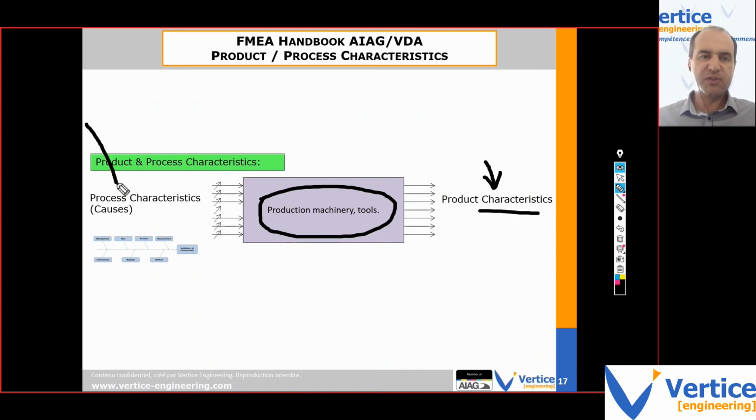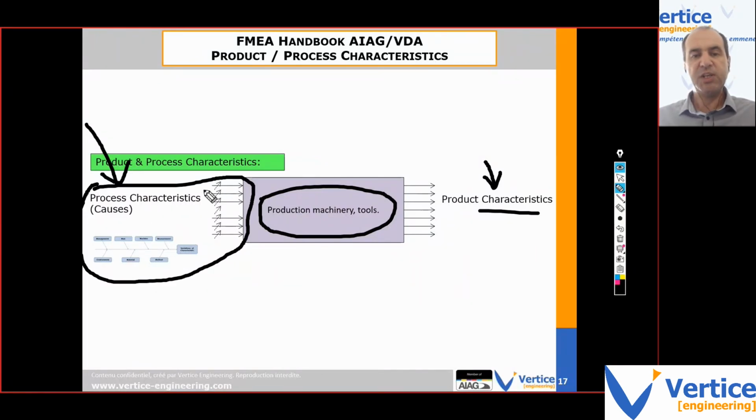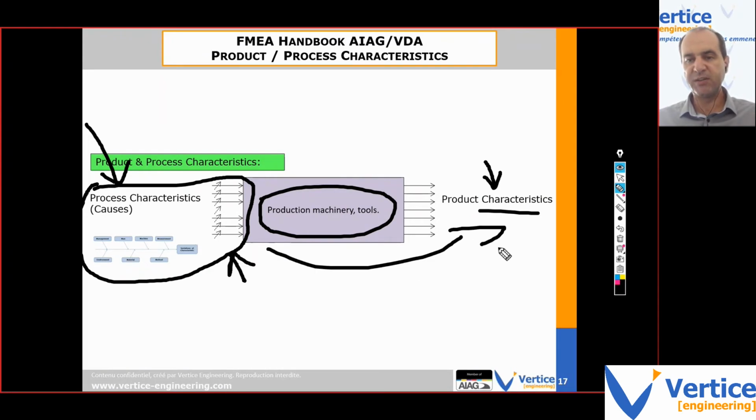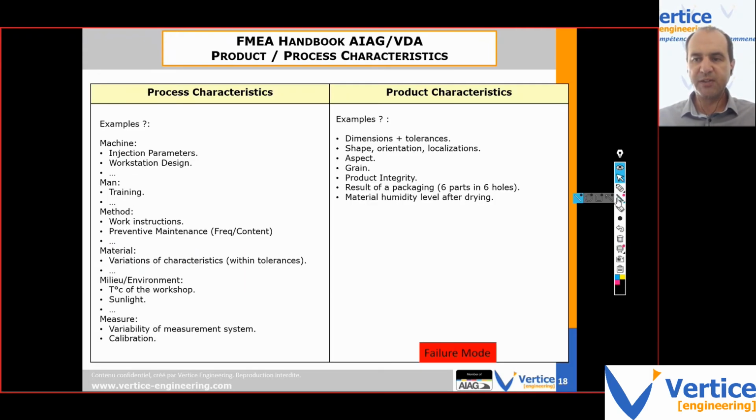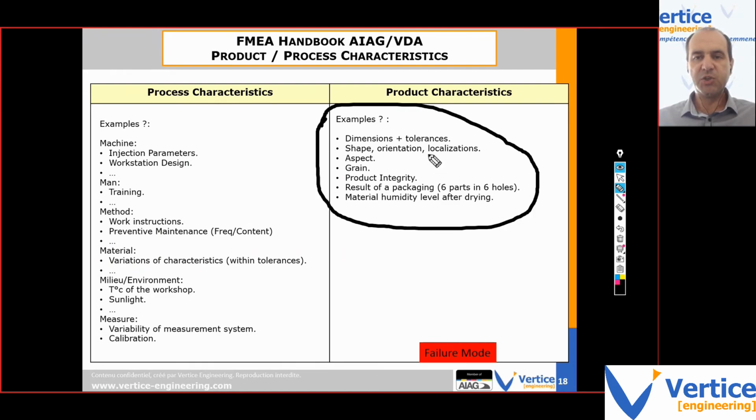Product characteristics can be dimensions, tolerances, GD&T elements, aspect, integrity of the product.